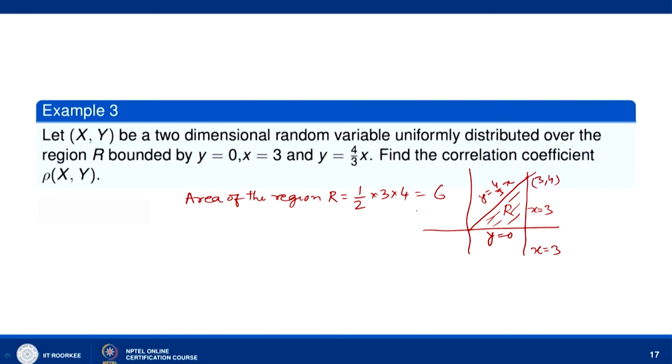Now, since x y is a two-dimensional random variable which is uniformly distributed over the region R, we have f x y equal to 1 by r, that means 1 by 6, when x y belong to R, and 0 otherwise.